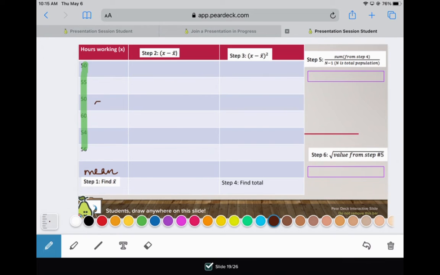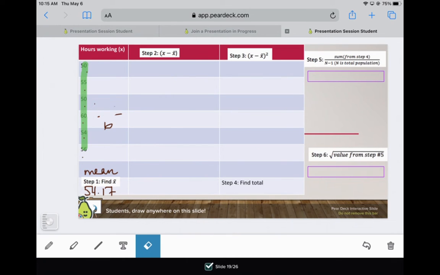That gave me 325. But I have 1, 2, 3, 4, 5, 6. I have 6 numbers. I divide by 6. That gives me the average, which is 54. I want 2 decimal places, so that's going to be 54.17. Okay, so that's how I find the average.